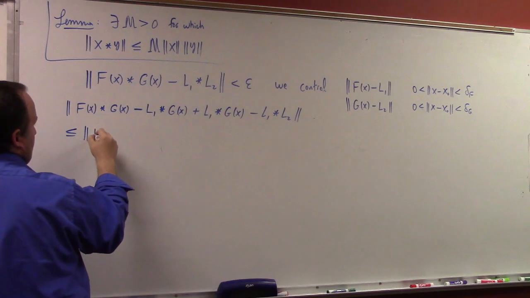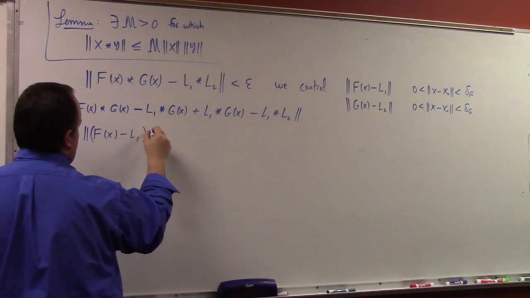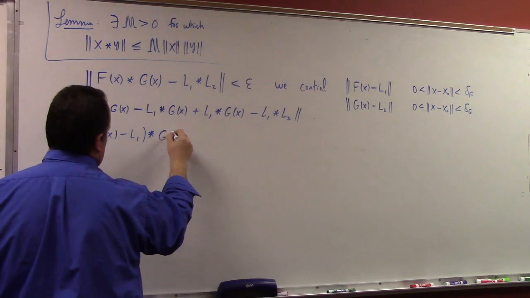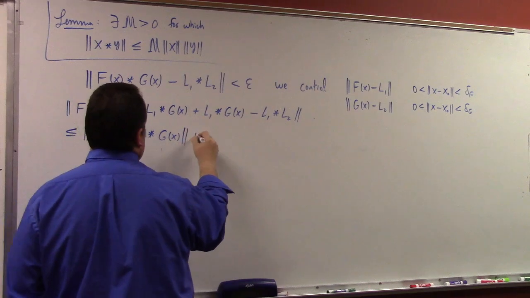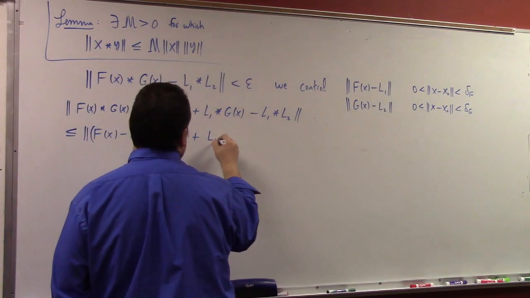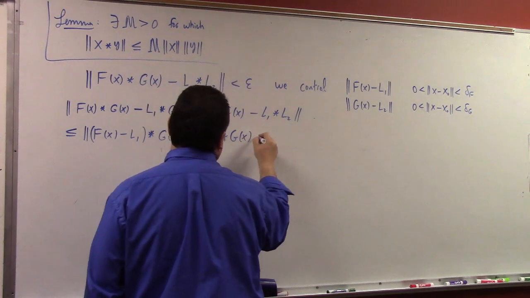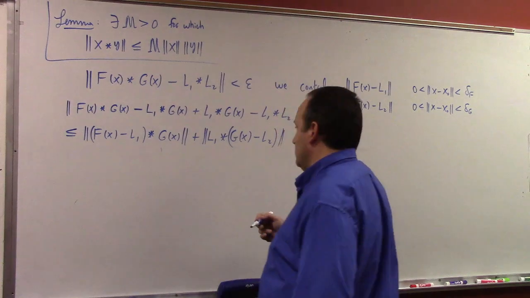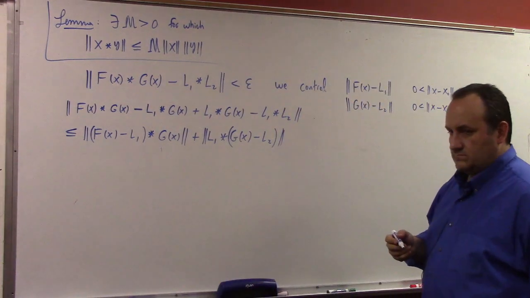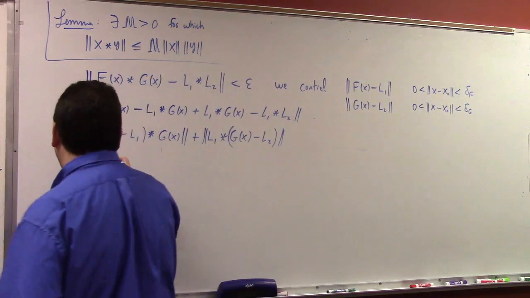Then we've got the norm of f of x minus L1 times g of x plus the norm of L1 times g of x minus L2. Which, you're right, then we can use the lemma.